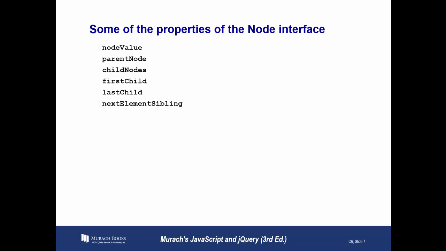If there aren't any, the array is empty. First child returns the node object for the first child node of a node. If there isn't one, it returns null. Last child returns a node object for the last child of a node. If there aren't any, it returns null. And next element sibling returns a node object for the next sibling, text sibling of a node. And if there isn't any, it returns null.